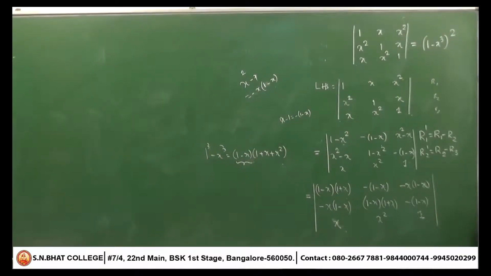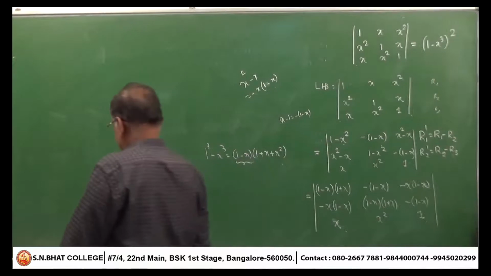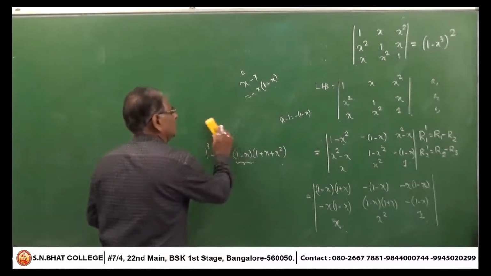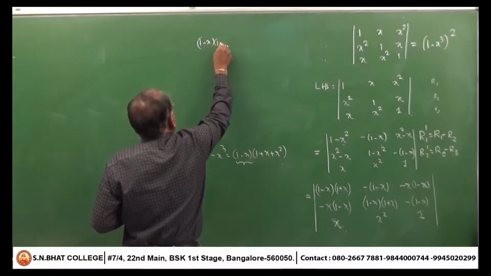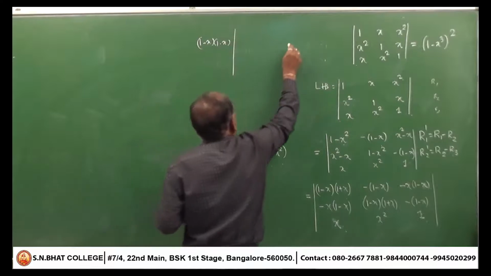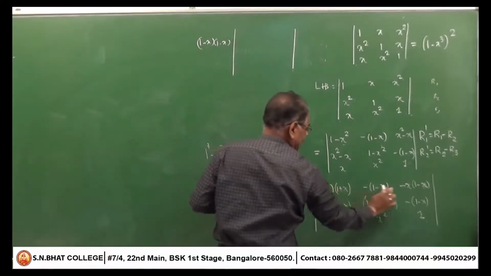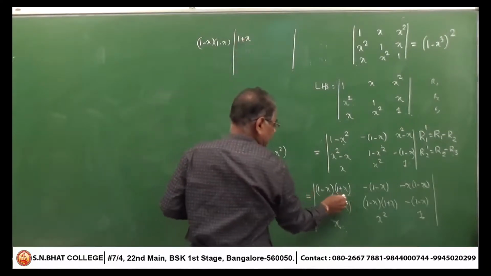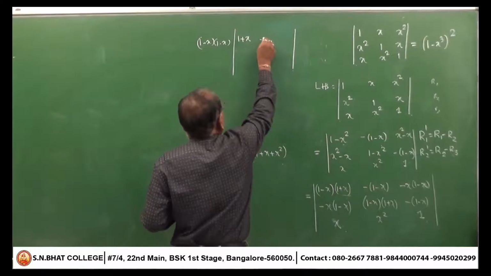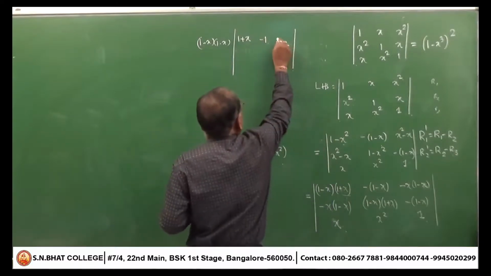Next, in the first row, 1 minus x common factor. Second row also 1 minus x common factor. Take out those two common factors. You are left with 1 plus x here, minus 1 here, and minus x there.